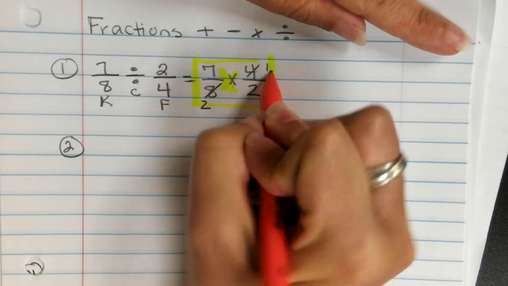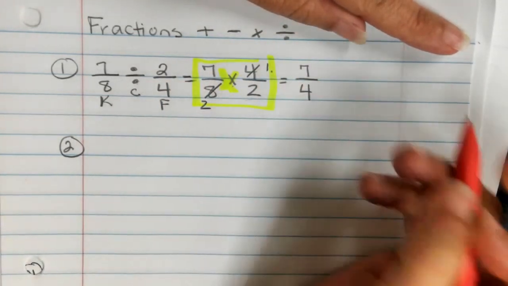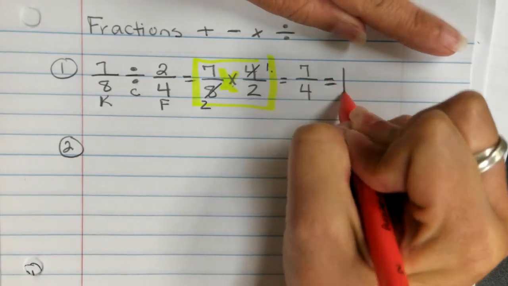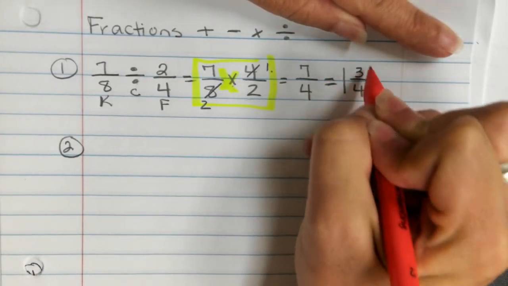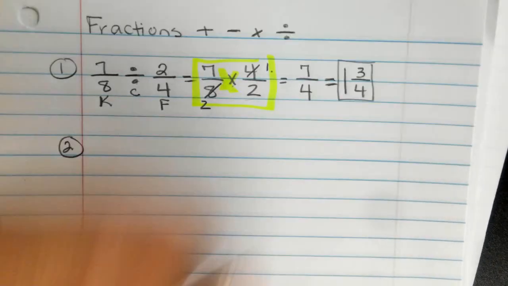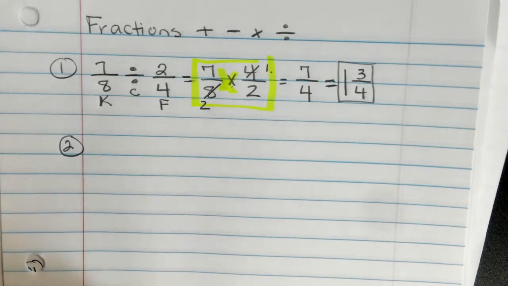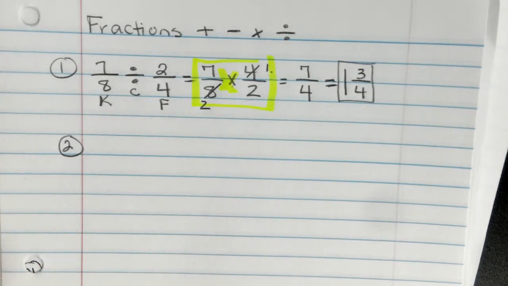Now I can multiply straight across, giving me a 7 and a 4. Dividing it out, giving me 1 3/4. As long as you got 1 3/4, you're good, even if you didn't simplify. So for the division, keep, change, flip.